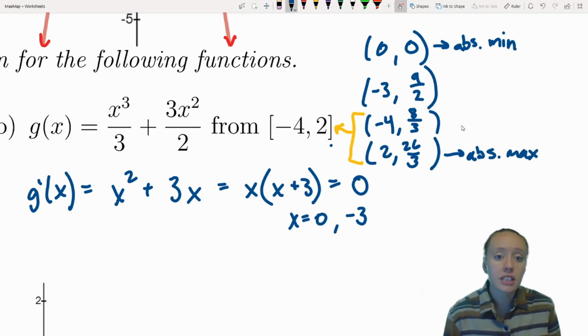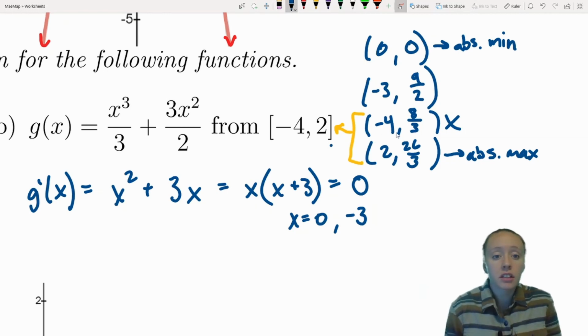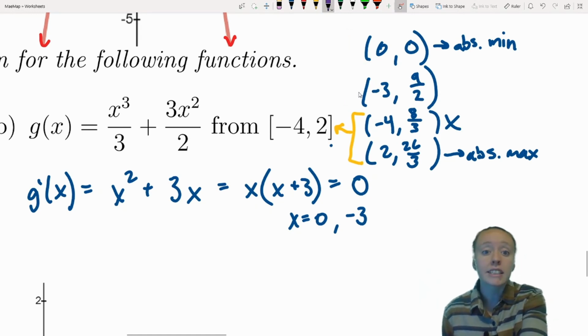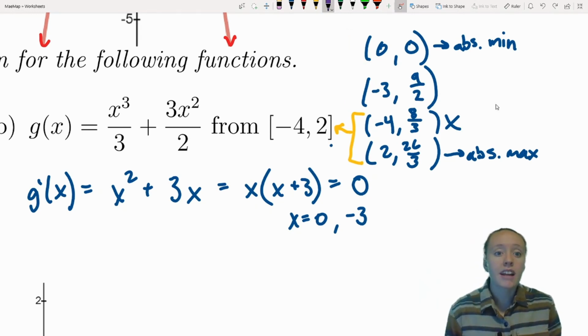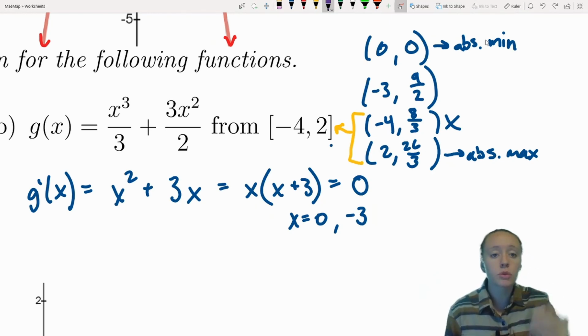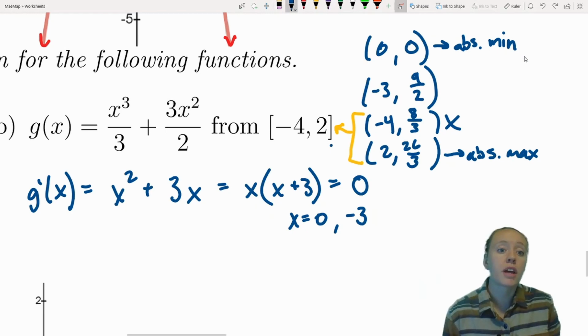So this endpoint is nothing. This -4, 8 thirds is not relative or local because it's an endpoint, and it's not an absolute because I've already decided my absolutes. Now, my last step is to figure out which of these are relative maxes or minimums. If this is my absolute minimum, we know that that is lower than any other function value, so that's also going to correlate with a relative minimum or a local minimum.